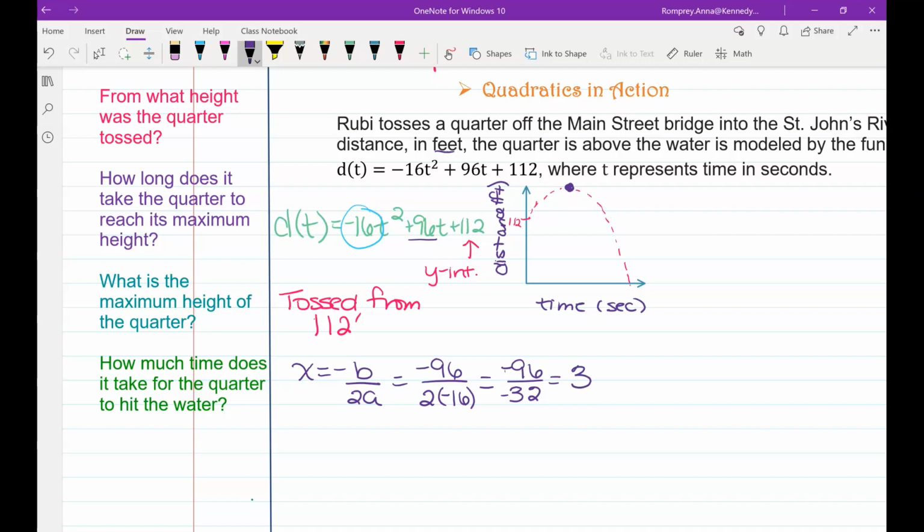So our axis of symmetry is 3. So how long does it take the quarter to reach its maximum height? 3 seconds.